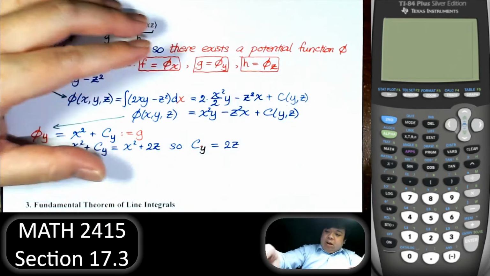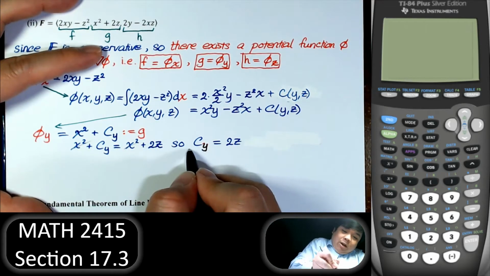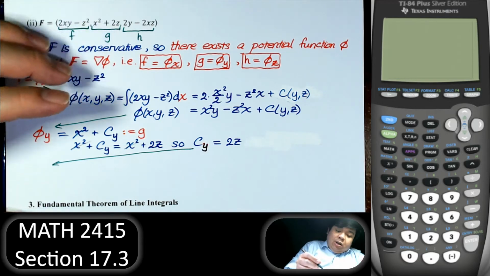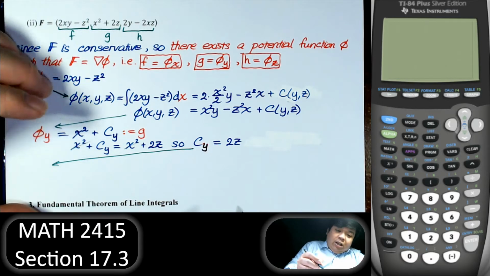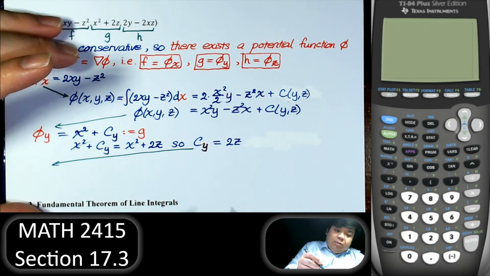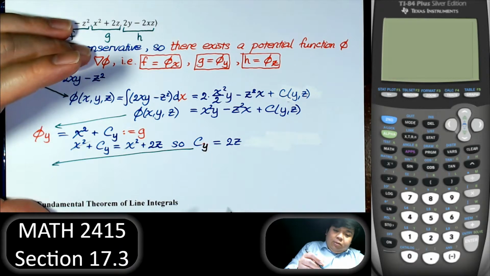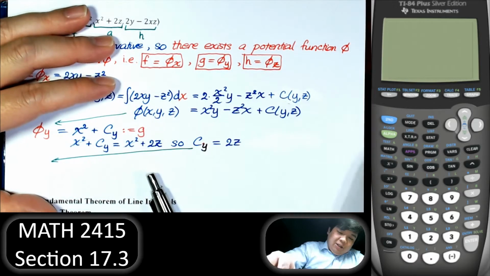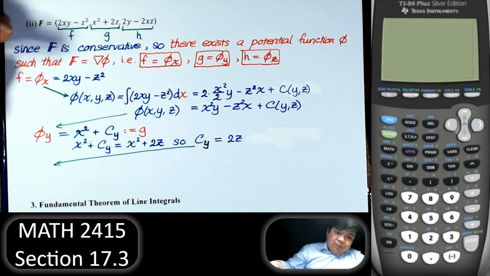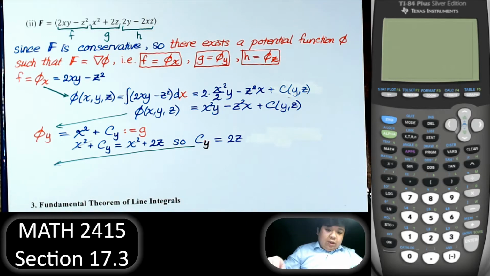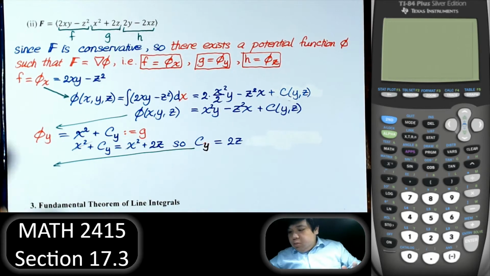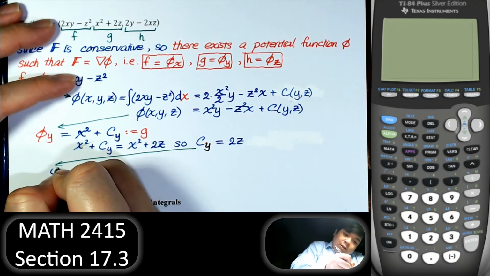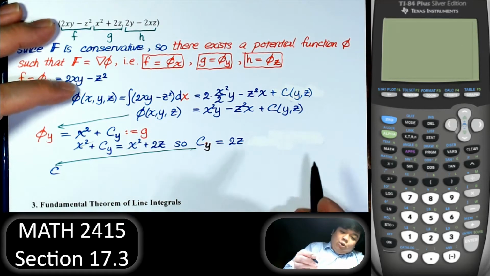We integrate, right? Just keep doing. So from that, we differentiate. We integrate, but to get back to c, so c sub y is equal to 2z.